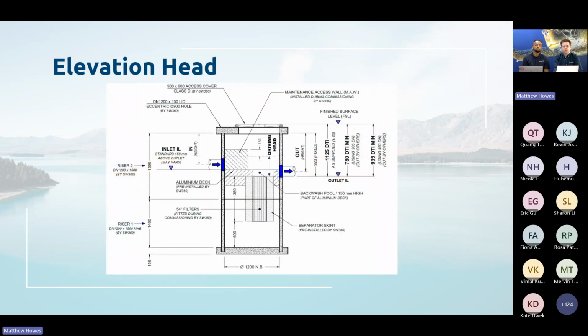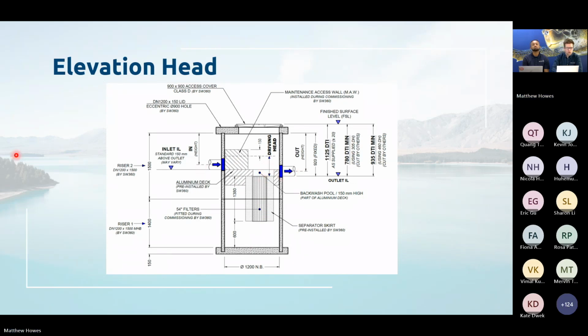Then for the jellyfish, this is a jellyfish filter, and how a jellyfish filter works is, I'll show you on here. Water flows into the device, and then there is a maintenance access wall here that forces water down. Water level builds up behind that, comes down, and then pushes up through the pleated membrane cartridges and then out here.